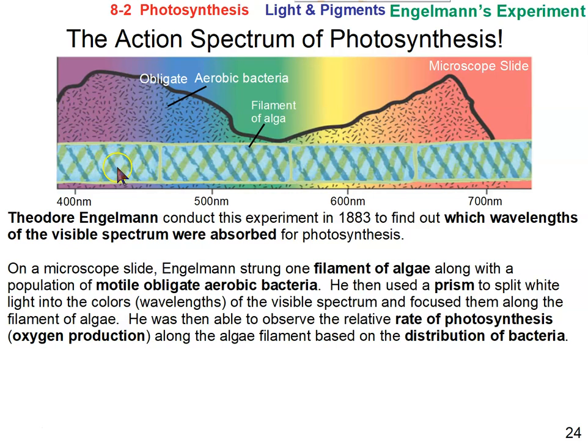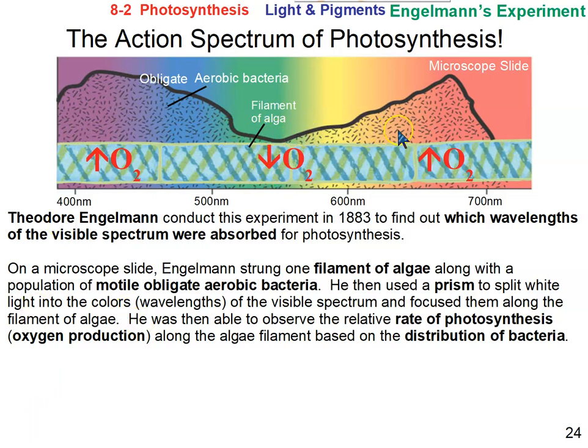Where there was the most oxygen is where the most photosynthesis was going on. So there was a lot of oxygen being produced at the violet-blue end of the spectrum. There was a lot of oxygen being produced at the red end of the spectrum, but there was relatively little oxygen being produced, or low oxygen concentration, at the middle of the spectrum, in other words, in the green-yellow part of the spectrum.